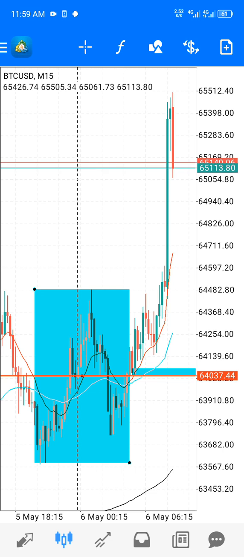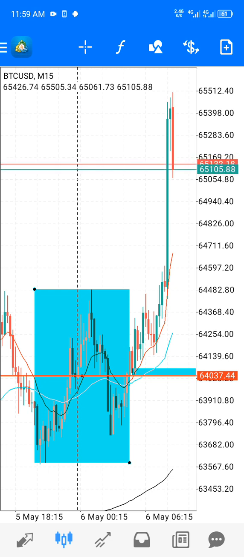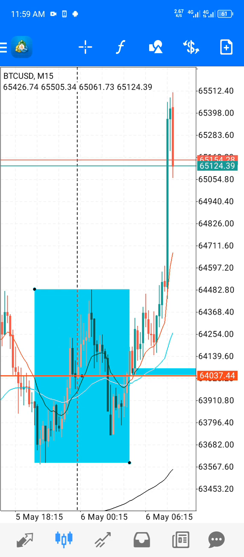The major reason why we mark that way is because the Asian range, the Asian consolidation, takes place within that particular time. And our major aim is to get to know the high and the low that was formed between those time intervals.